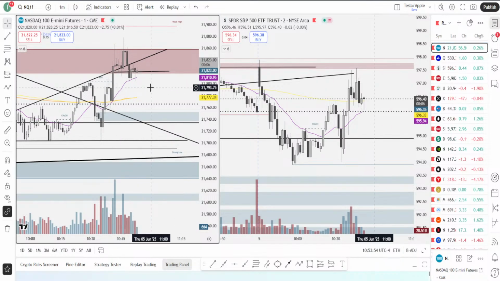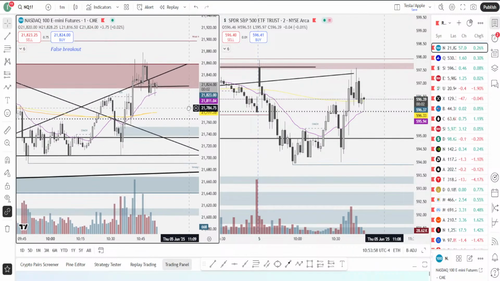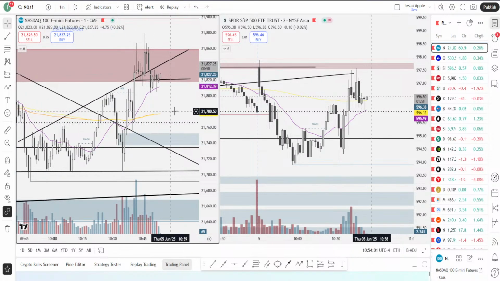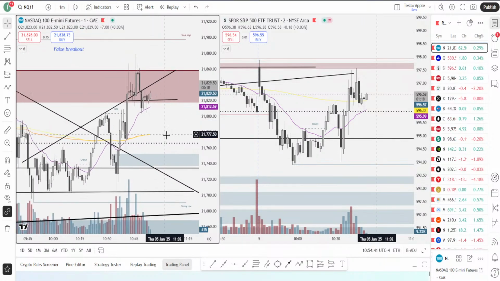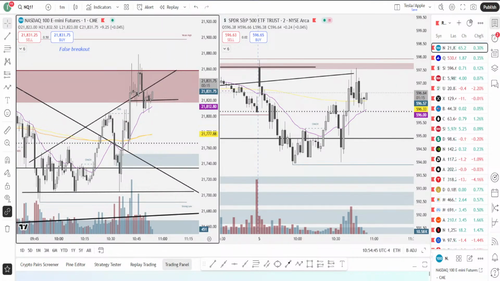We have a double top here. Looks like buyers want to rip this up.